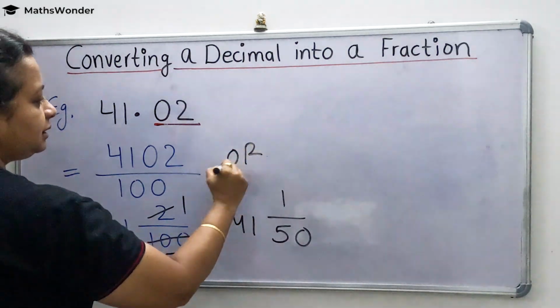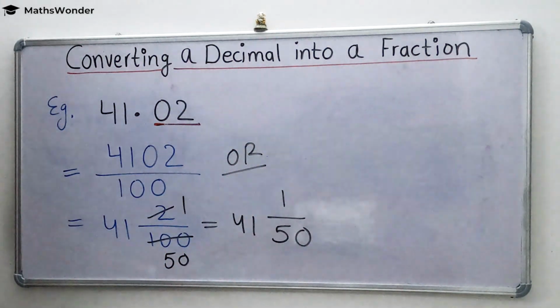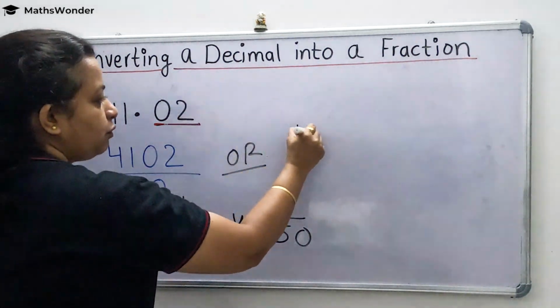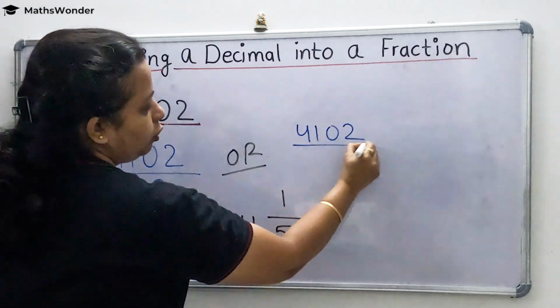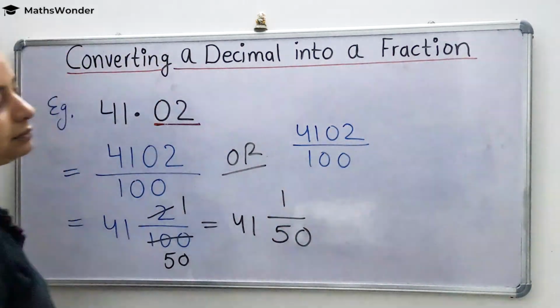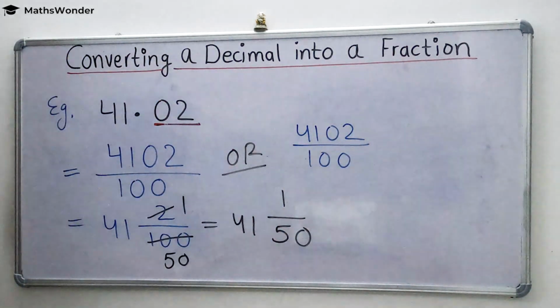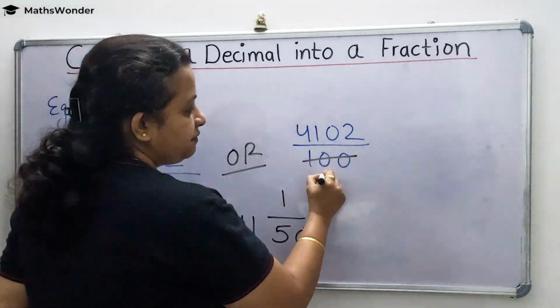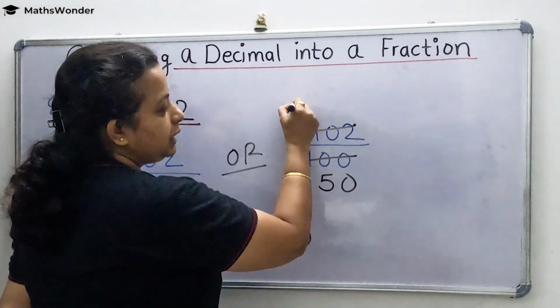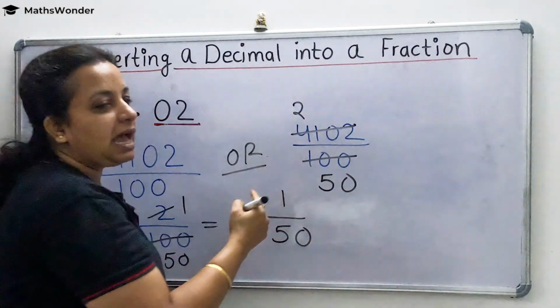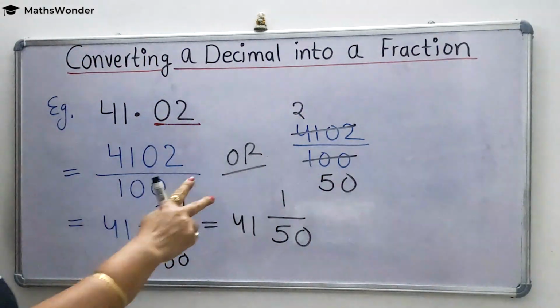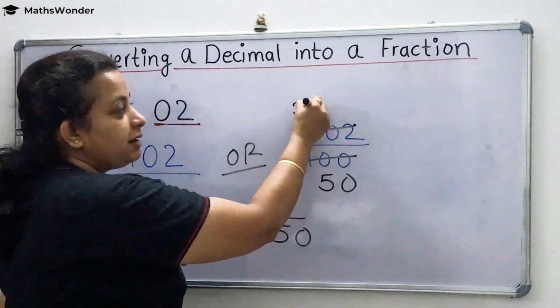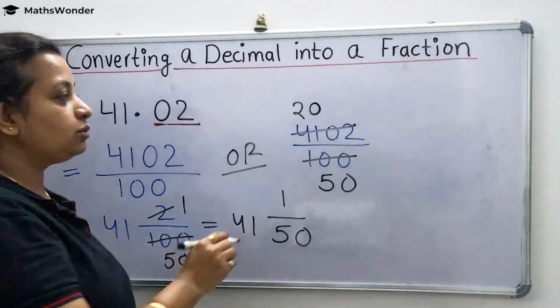Or the other variation is you can simplify first 4102 over 100. The simplification is like 2 times 50 is 100, 2 times 2 is 4. Now we have to take 2 numbers, right? When we take 2, you have to give 0 here first. Very important, okay?